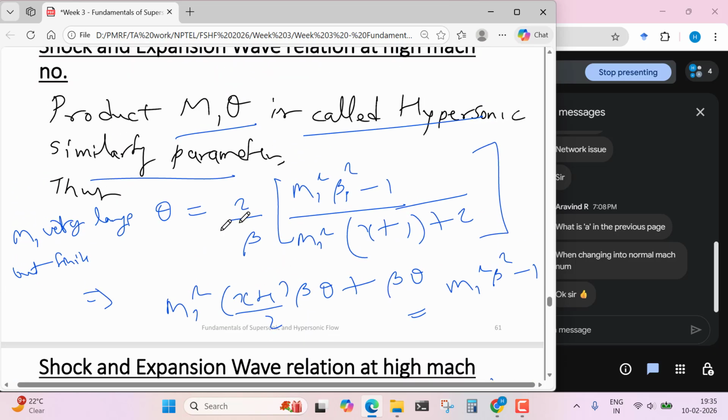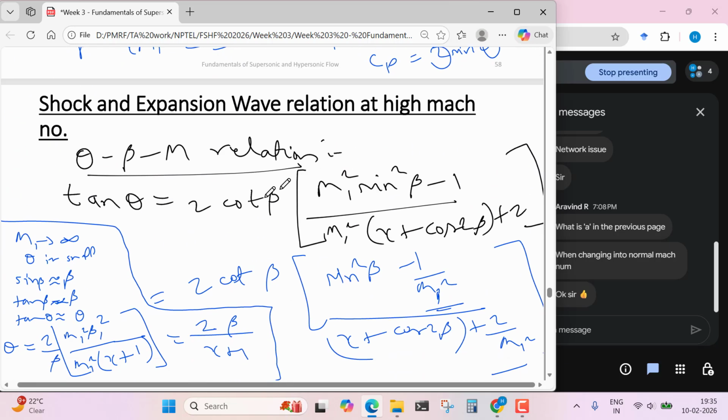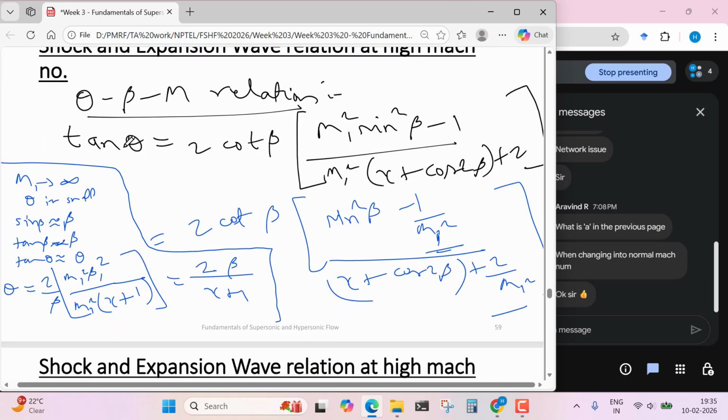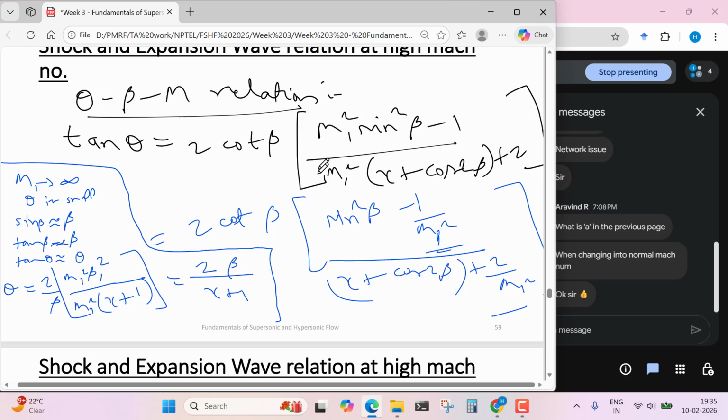Let me come to this relation first. Let's say theta is small, so tan theta is equal to theta, tan beta equal to beta, sin beta equal to beta, and cos 2 beta equal to 1.